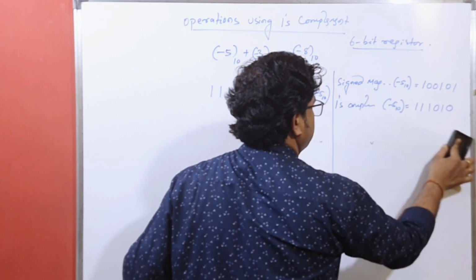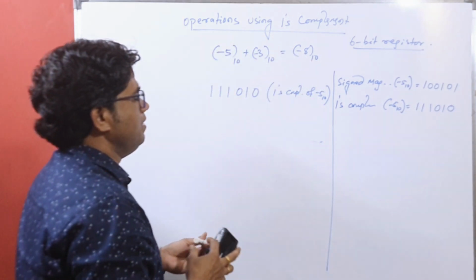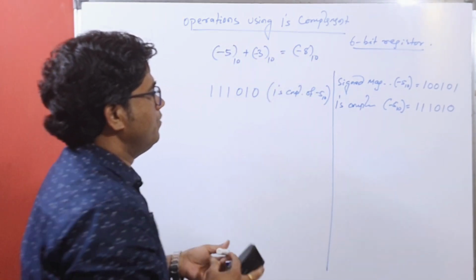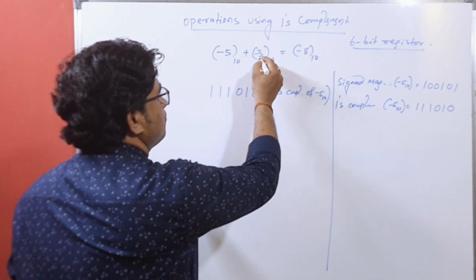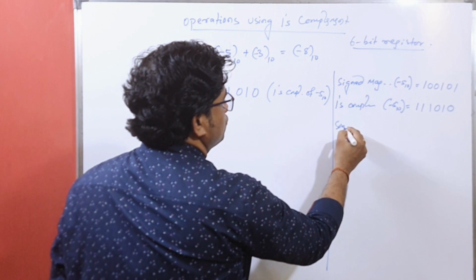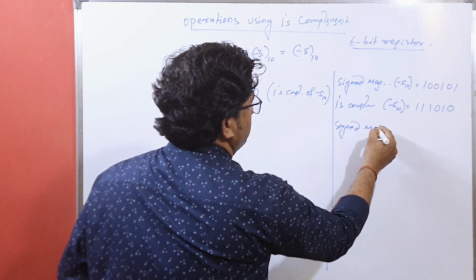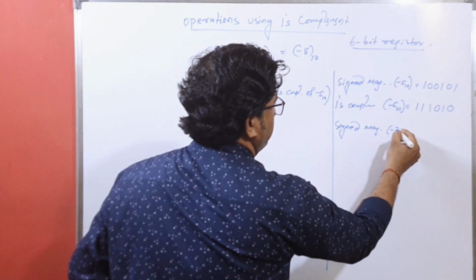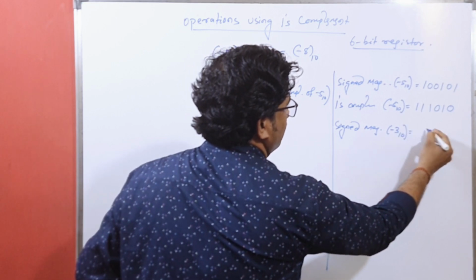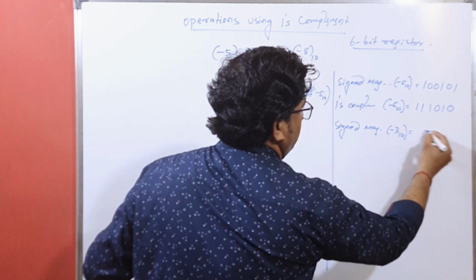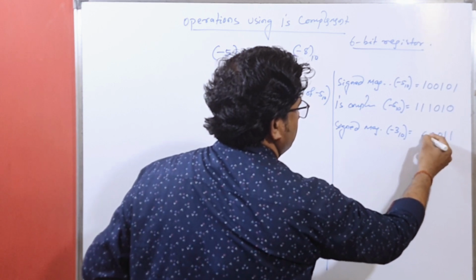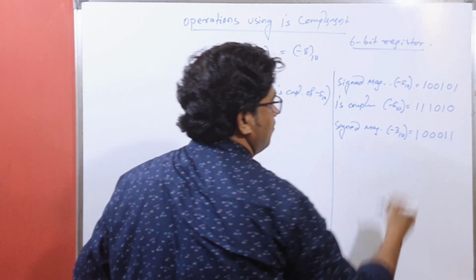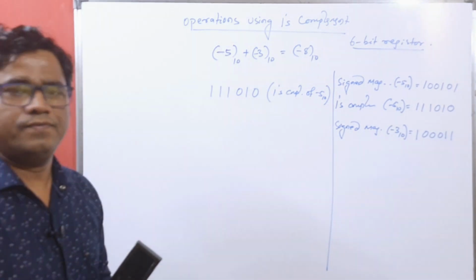Already in the previous example we calculated the 1's complement of minus 5 base 10, and now just find out the sign magnitude of minus 3 base 10. 3 is 1 1, then 0 0 0, and the sign bit is 1 as the number is negative, right?